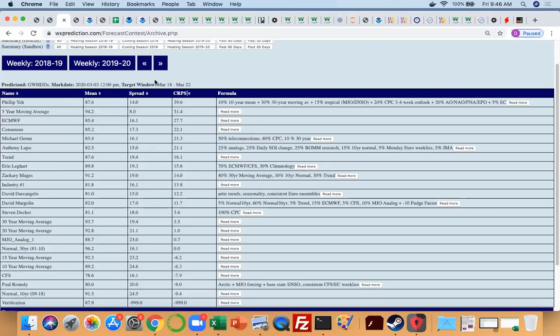I remember the CPC was warm, and the teleconnections were giving me colder signals. I want to say the NAO and AO were trending towards the colder side, and I kind of ignored that that week.